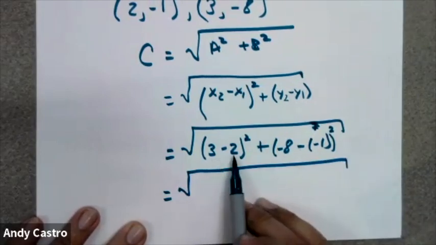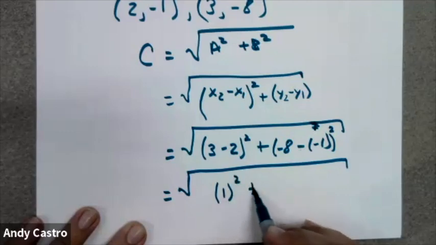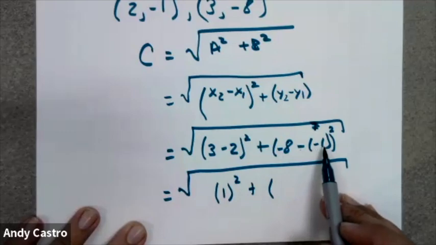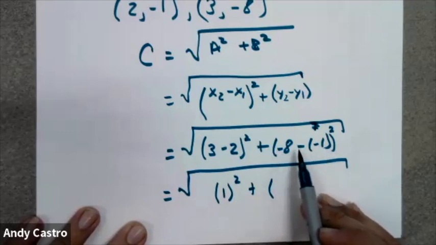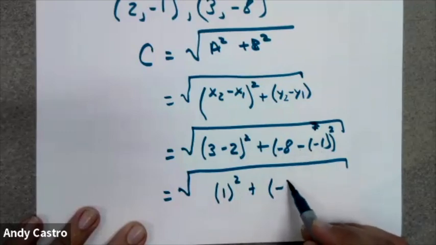Okay, 3 minus 2 is 1. We have 1 squared. Then here, -8 minus -1. That's -8 plus 1. -8 plus 1 is -7.